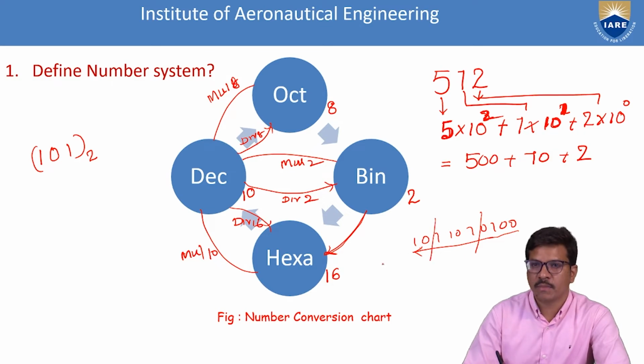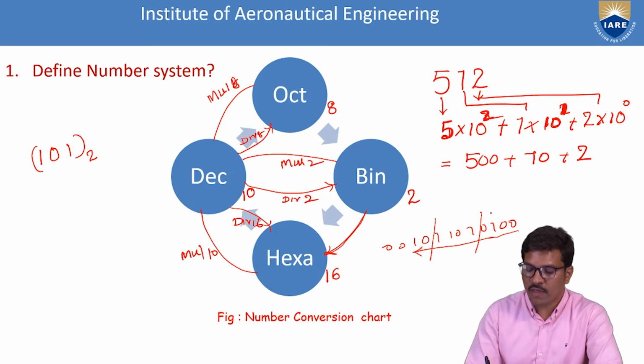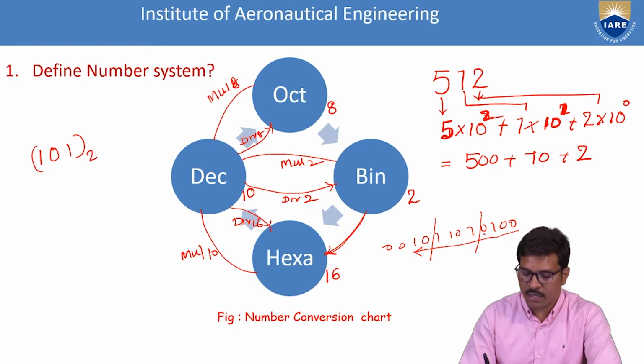If the last group has only 2 binary digits, we can put zeros so that the total number of bits makes 4, and then convert each group into the hexadecimal digit. For example, 0100 is 4, 1101 means 13, which is D, and this one is 2D4 in hexadecimal.